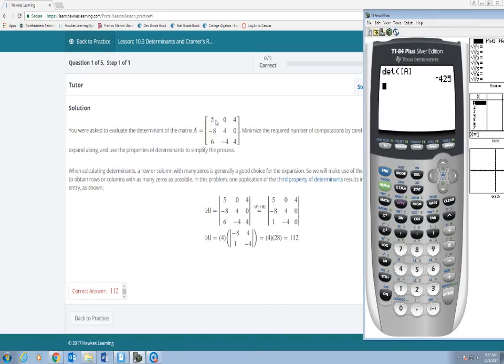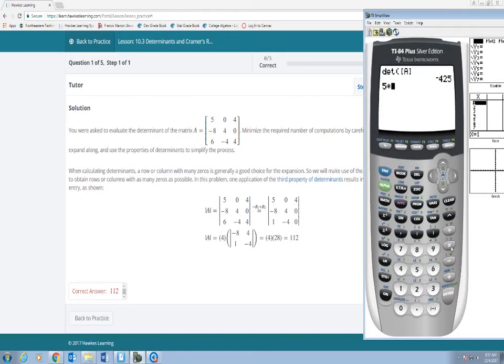Alright. This time, what I'm gonna do is I'm gonna use the number 5 right here and multiply. Covered up the row 1 in column 1, so I'm looking at this particular 2x2 matrix.